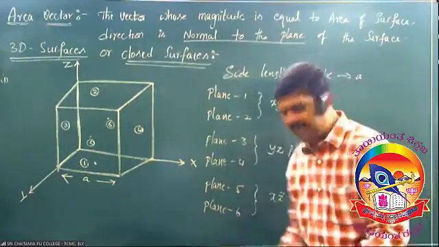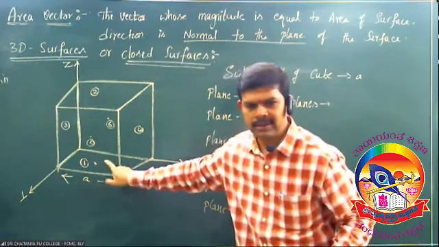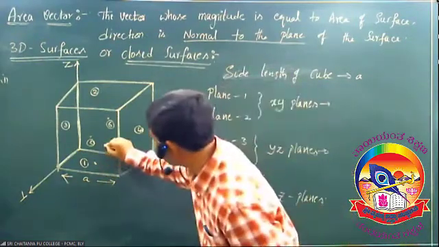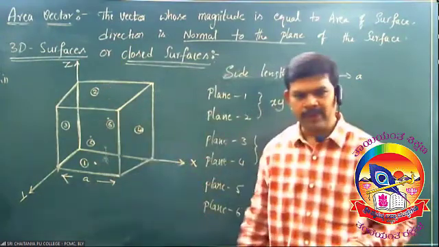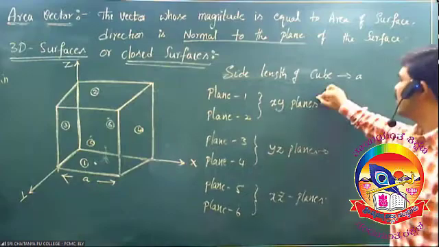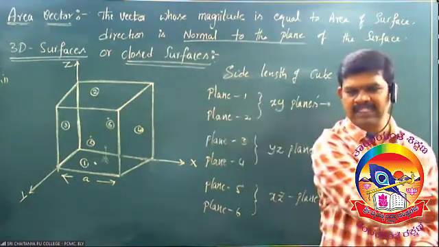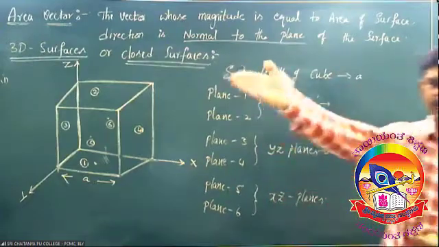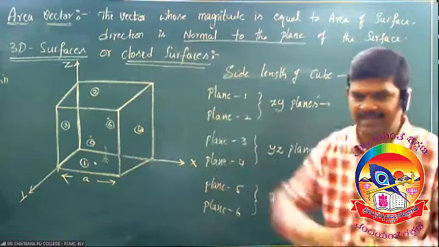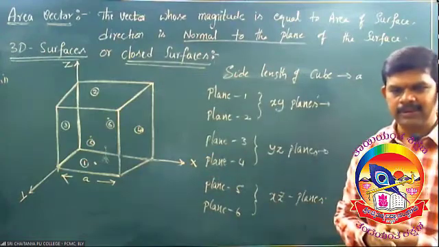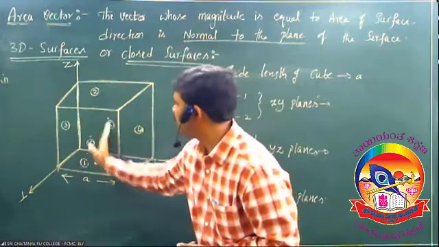They are formed by the axes x and y. So for me, this plane and this plane are xy planes. That plane and this side plane are formed by y and z axis, right? So they are yz planes.